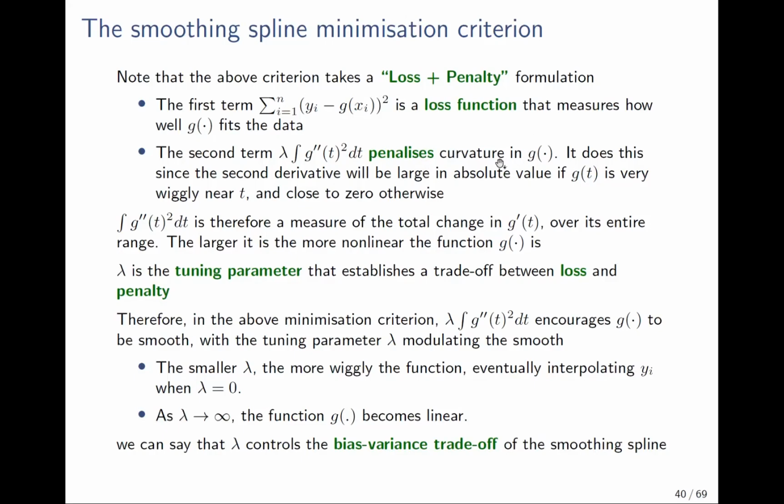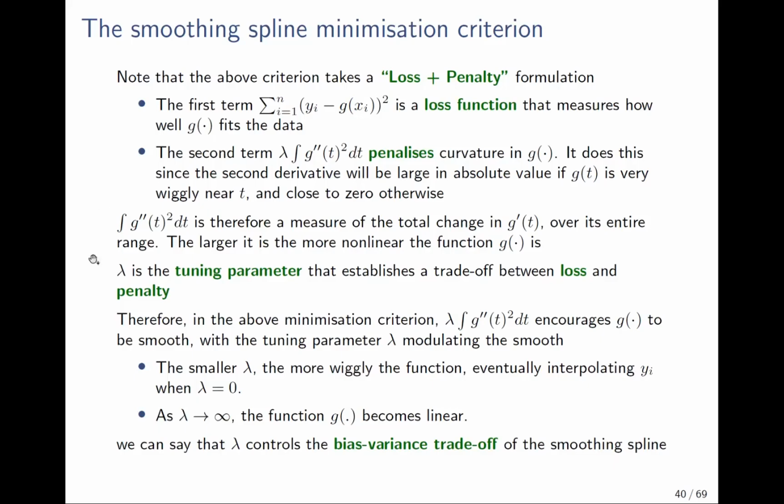It does this since the second derivative, which essentially measures curvature, will be larger in absolute value if the function g(t) is very wiggly near t, and it will be close to 0 otherwise. So this penalty term is a measure of the total change in the first derivative of the function g over its entire range. The larger this term is, the more nonlinear the function g is.